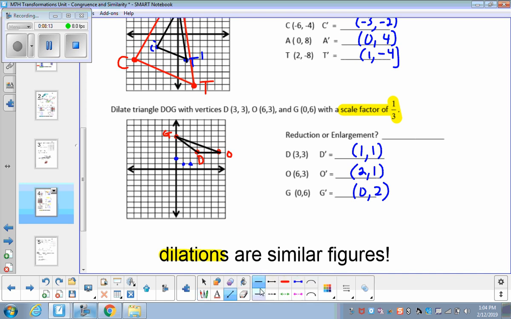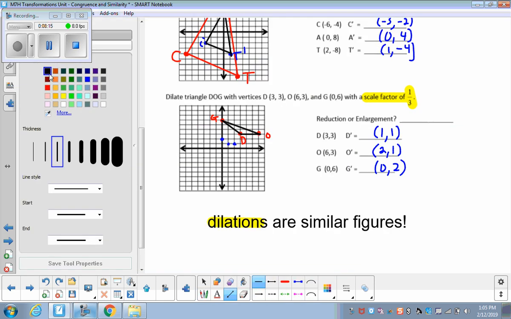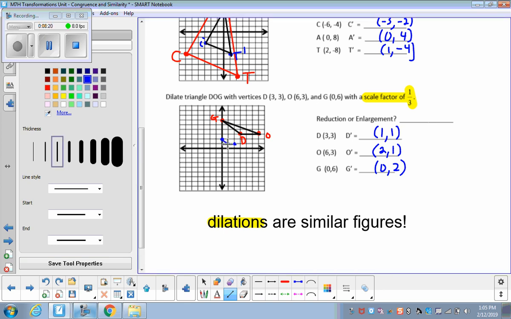And even though it's a teeny tiny little guy, we can still see our triangle. And let's make sure we label it D prime, O prime, G prime. So we've got similar figures here. This one we can see was a reduction because the scale factor is less than 1. Dilations create similar figures. All right?